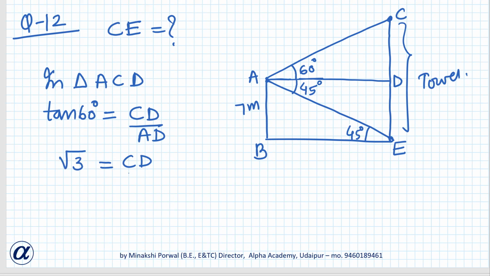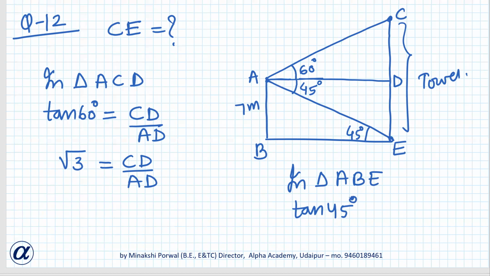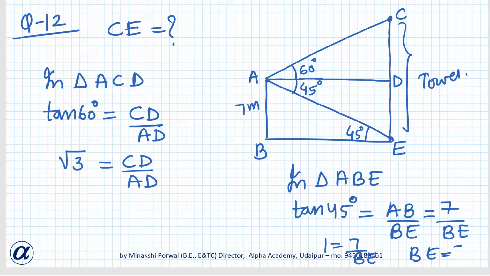CD we don't know and AD also we don't know. Then in triangle ABE, tan 45 degrees is equal to perpendicular upon base. Perpendicular is 7, base is unknown. Tan 45 is 1. So 1 equals 7 upon BE, or BE equals 7.